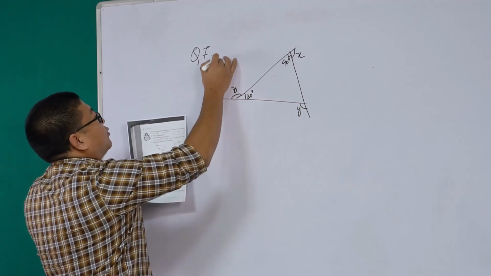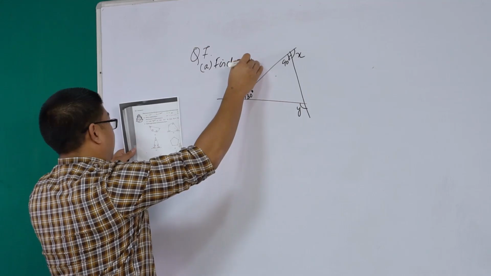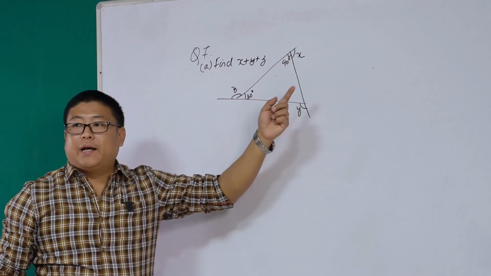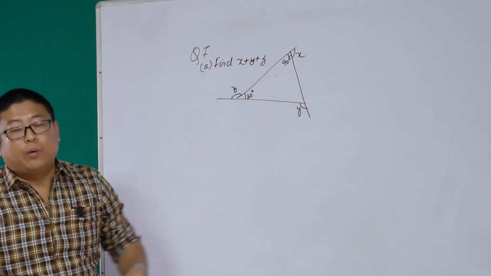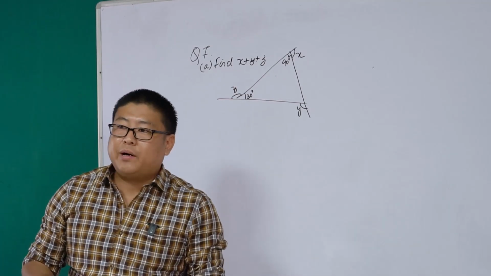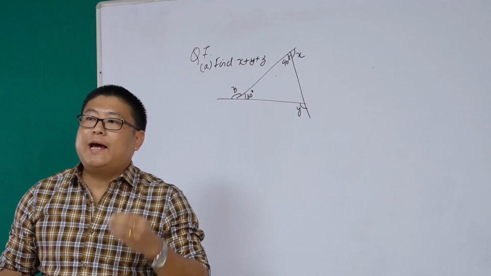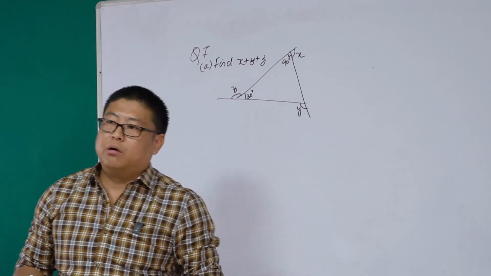Now, this question is asking us to find x plus y plus z. So in the previous class, before we go in here, let's take a quick recap. We have learned about the angle sum property of triangles, quadrilaterals, and all other polygons.